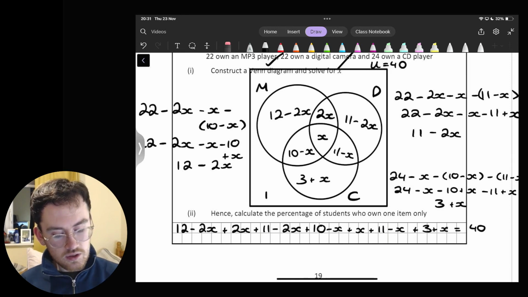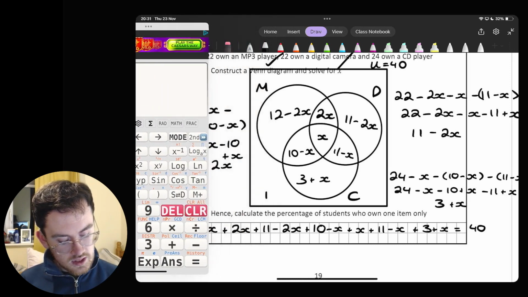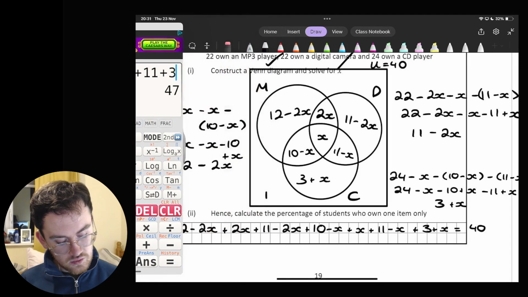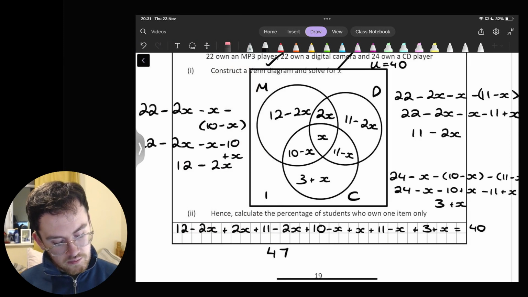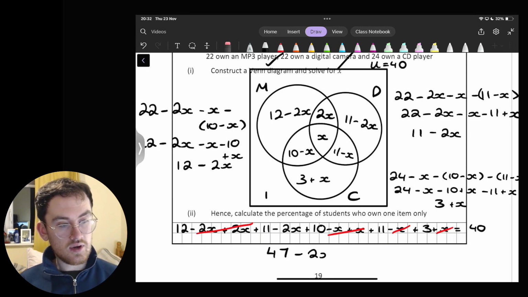Let's focus on the numbers first: 12 plus 11 plus 10 plus 11 plus 3 is 47. Minus 2x plus 2x, they're gone. Minus x plus x, gone. Minus x plus x, gone. So we get 47 minus 2x.